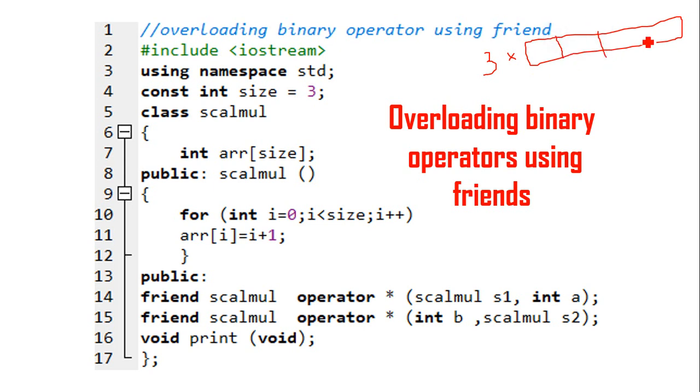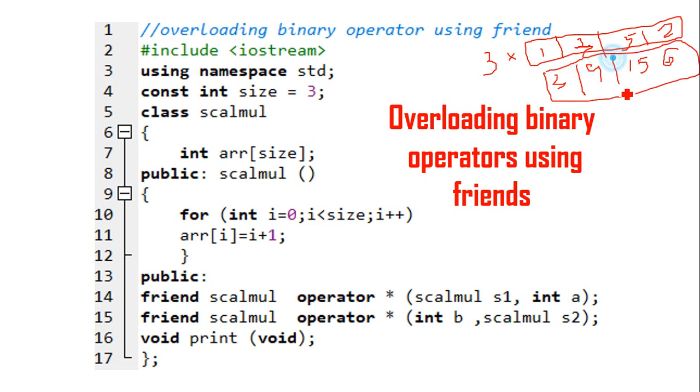Then you want to multiply this number 3 with the elements of the array, and let us fill this array with the values 1, 3, 5 and 2. Then what would be the result in scalar multiplication? 3 into 1 is 3, and 3 3s are 9, 3 5s are 15, and 3 2s are 6. Okay, so like this the scalar multiplication is performed.